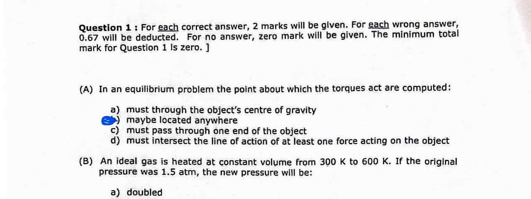Then look at number B. An ideal gas is heated at constant volume from 300 to 600. If the original pressure was 1.5 atm, what will the new pressure be?